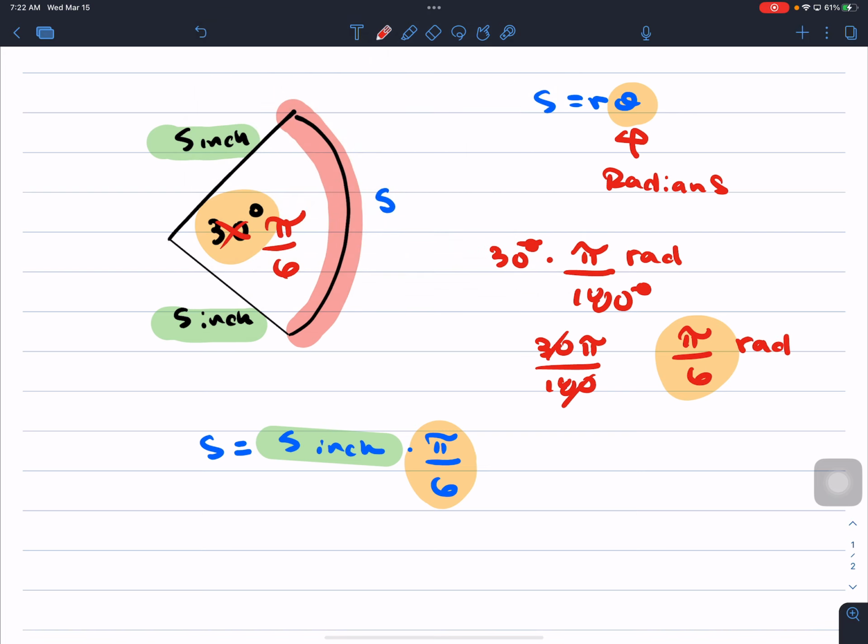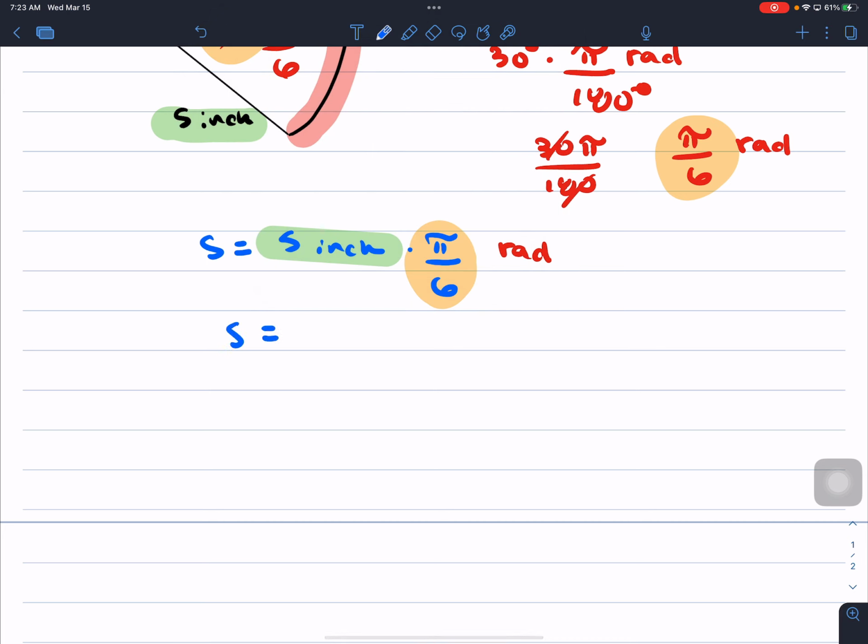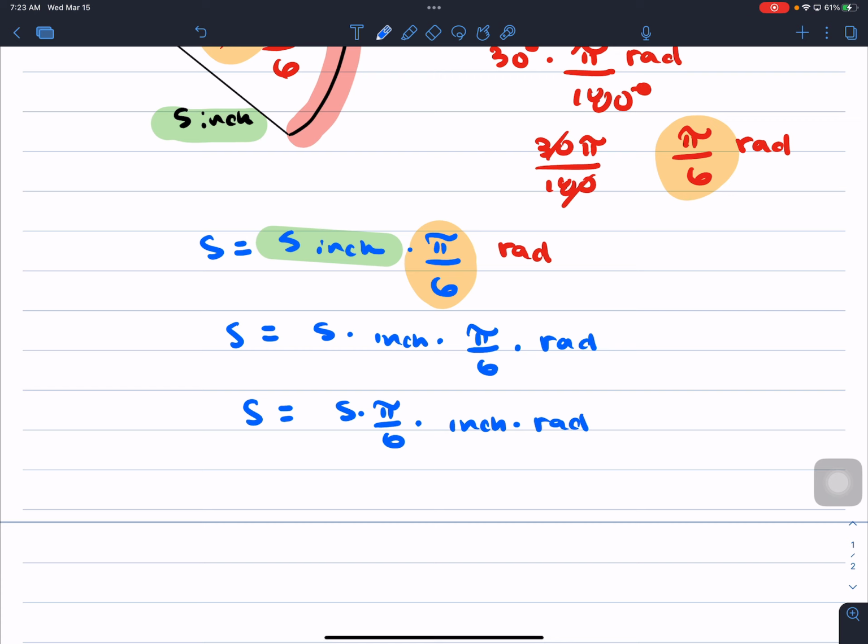Notice this in our arc length formula, right? Because s is r theta. Notice I put down the units. So if you want to see the detail, here's what I'm going to say. This is like saying 5 times what? Inches times pi over 6 times what? Radians. What do you do with this? You switch the order. It's now 5 times pi over 6 times inches times what? Radians.